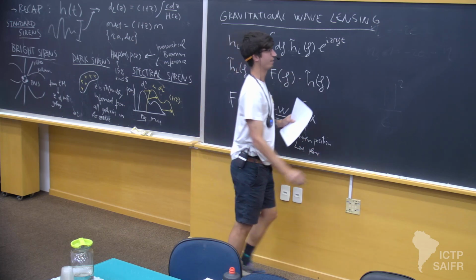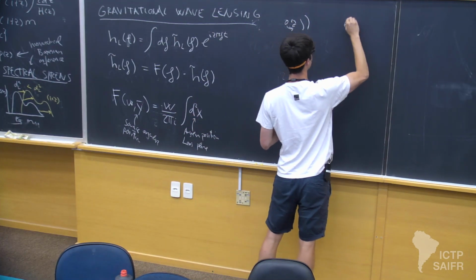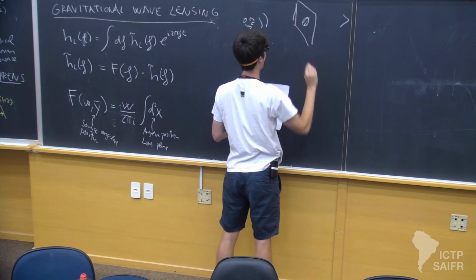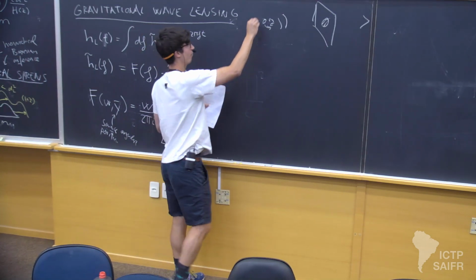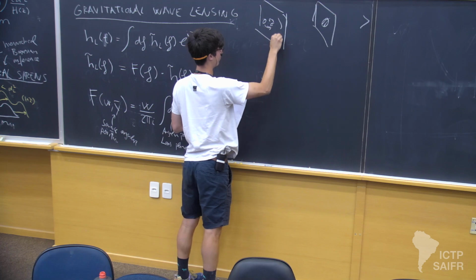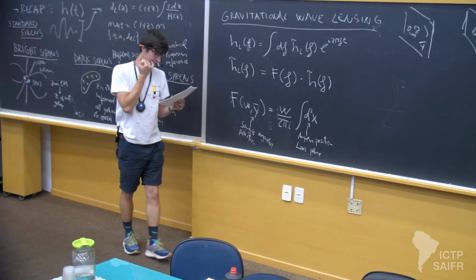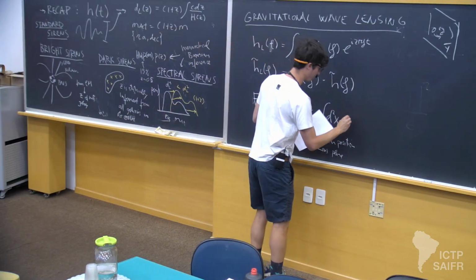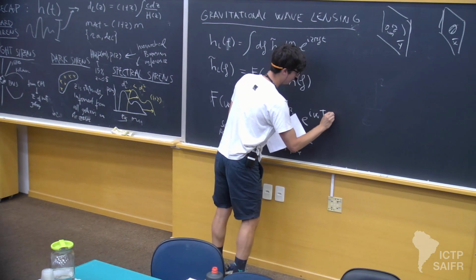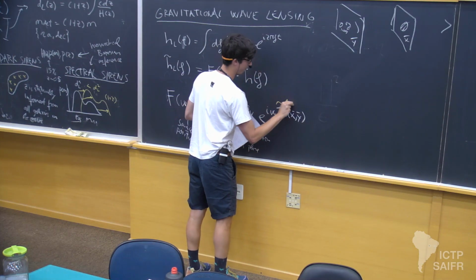I remind you that we have our wave, our lens, and the observer, and we were in the limiting case in which the lens was thin. So we are doing a mapping between the plane of the source, where we have positions Y, and the plane of the lens, where we have positions X. This was given by the exponential of i W T_D, where T_D is the time delay function.